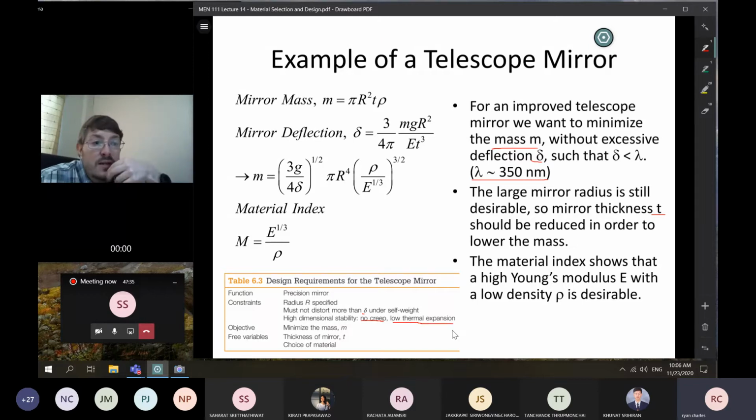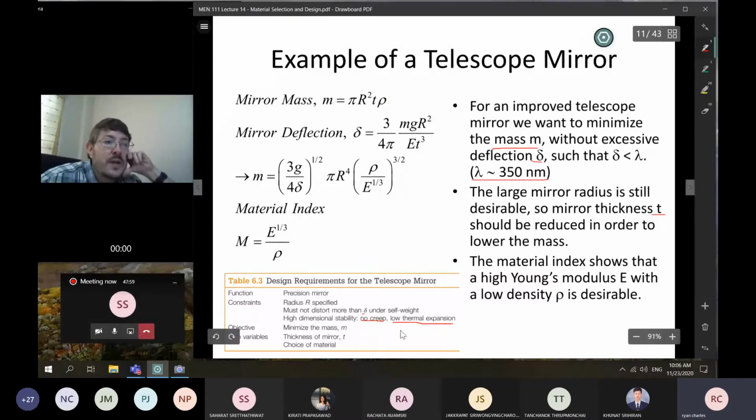So typically you want basically zero thermal expansion. You don't want any influence of temperature, right? A lot of telescopes go on top of mountains above the cloud line. It's very, very cold. But then perhaps the sun comes out during the day and it gets very, very hot. You don't want this thing expanding and contracting and changing the focus. Right? So basically very little thermal expansion.